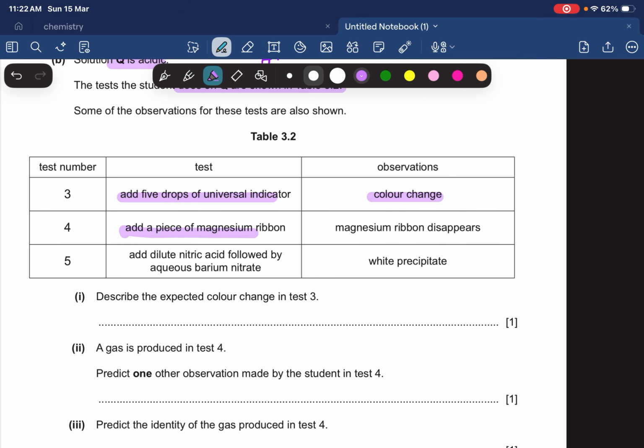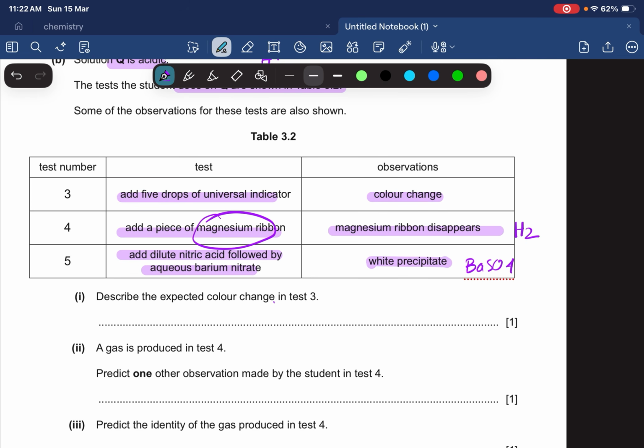Add a piece of magnesium ribbon, and you're going to see the magnesium ribbon disappear because hydrogen gas is going to be formed here because we are dealing with an acid, and then we add a metal to it. So we're going to see hydrogen gas. Next step, add dilute nitric acid followed by aqueous barium nitrate. So we're going to form a white precipitate, and the white precipitate is going to be of barium sulfate.